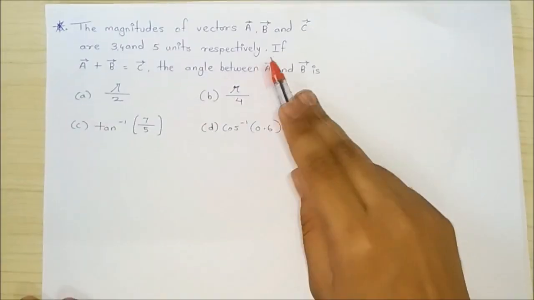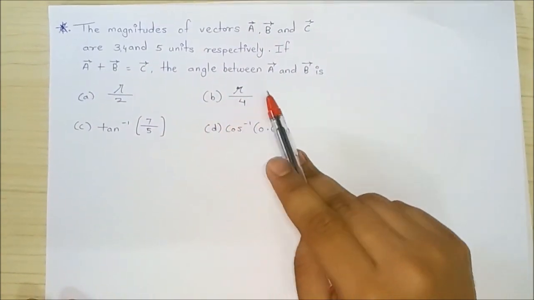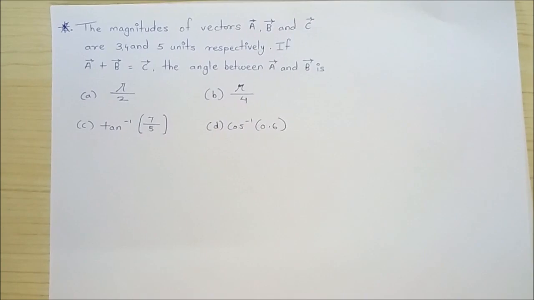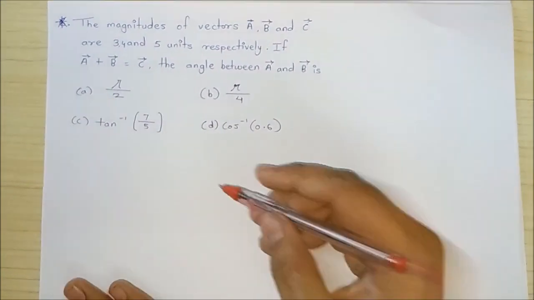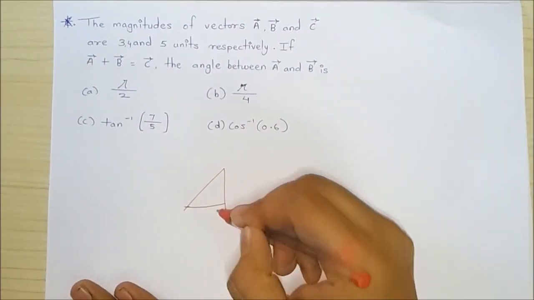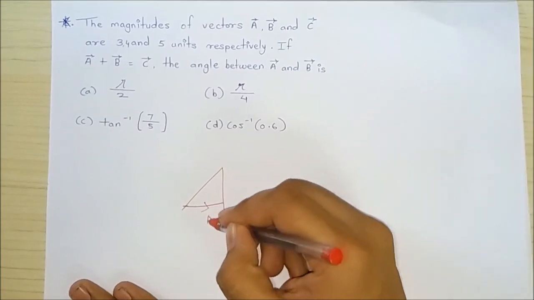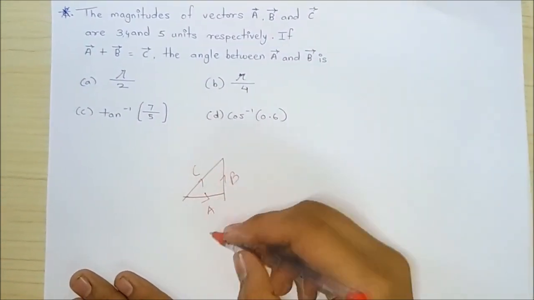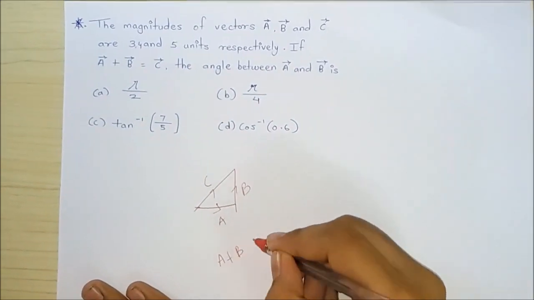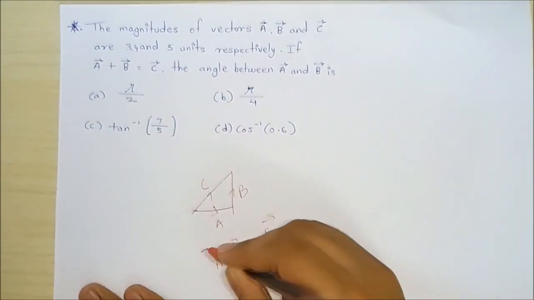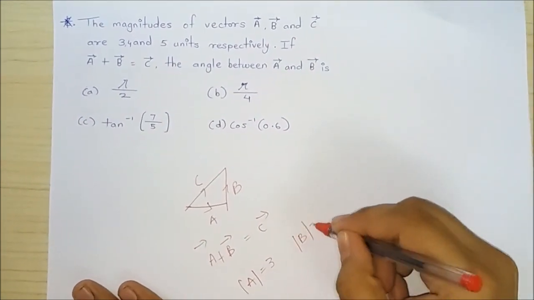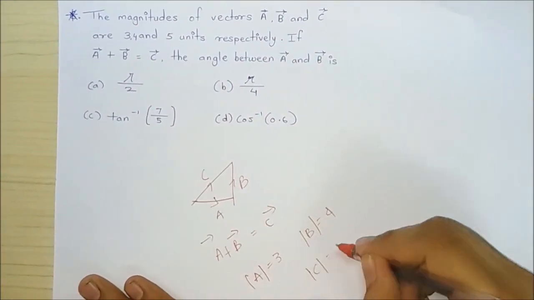Magnitudes of vectors A, B and C are 3, 4, 5 units respectively. If A plus B is equal to C, then the angle between A and B is? Considering this to be a triangle with sides A, B and C, from the figure we get A plus B is equal to C. Mod of A is 3, mod of B is 4 and mod of C is 5.